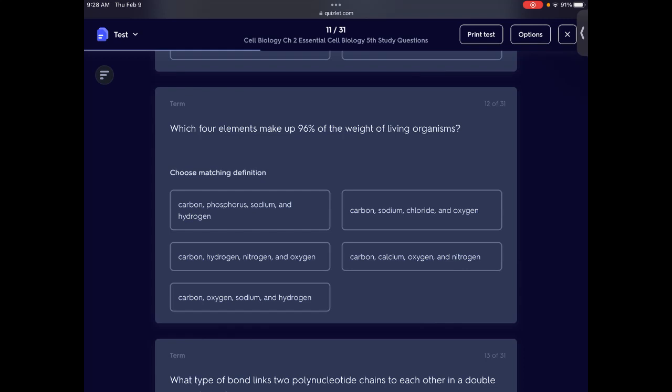We have carbon, phosphorus, sodium, hydrogen; carbon, hydrogen, nitrogen, and oxygen; carbon, O, Na, and H. I don't think any of the ones with sodium. This one has calcium too. While calcium is important for the human body, I don't think it's very prevalent other than the bones. It says all living organisms, so let's just pick carbon, hydrogen, nitrogen, and oxygen.